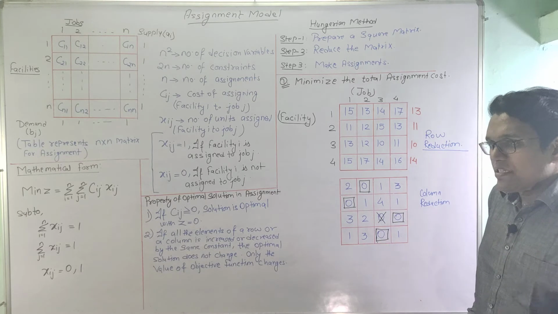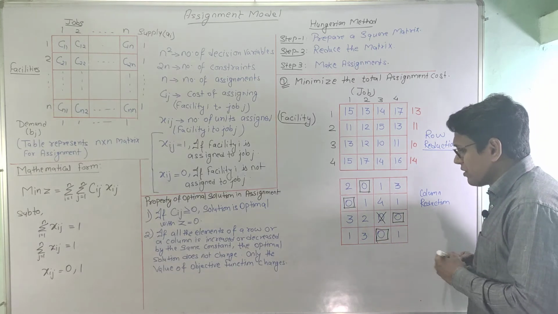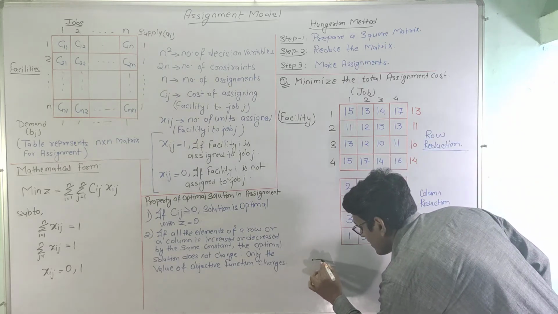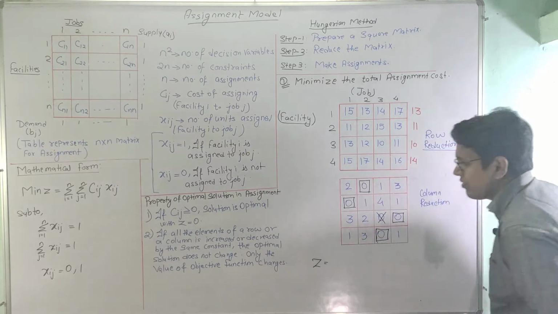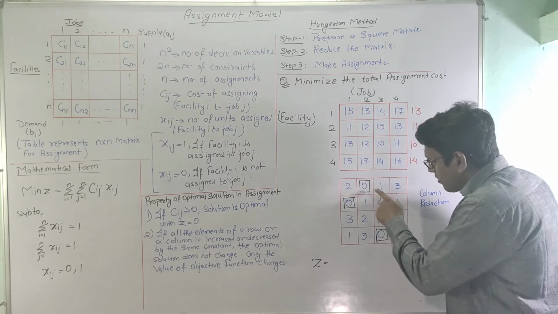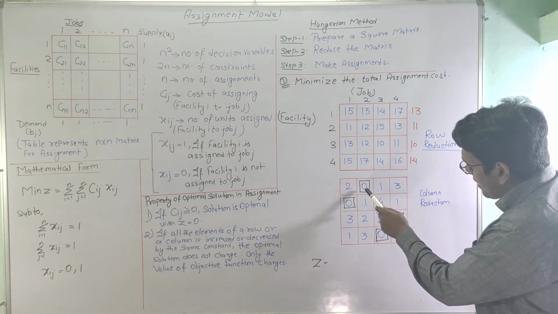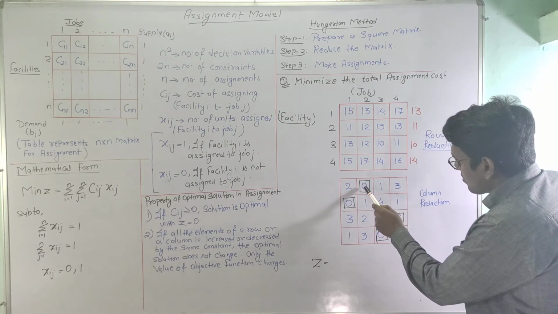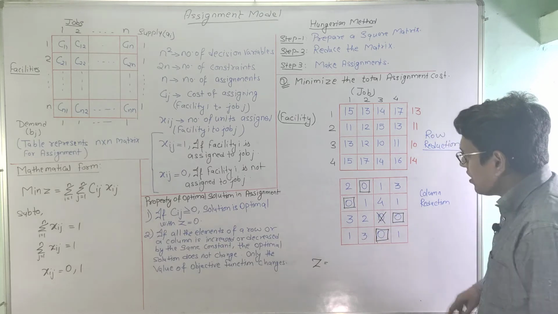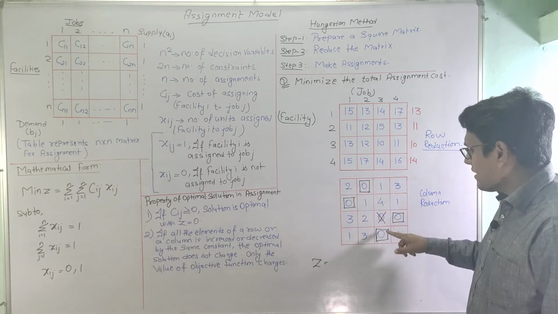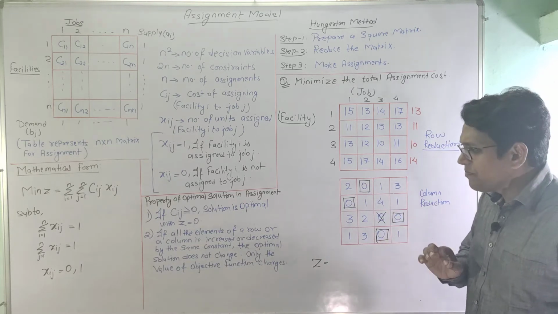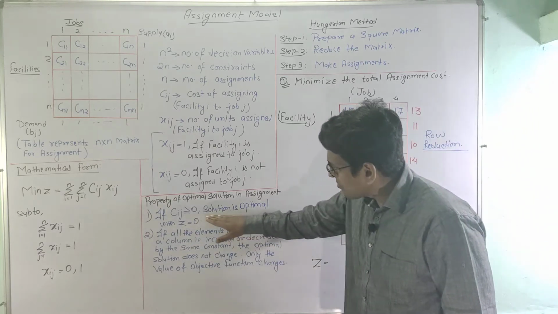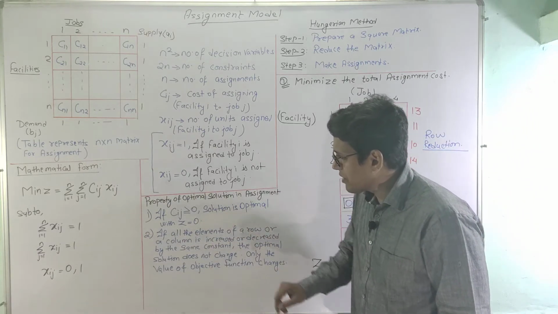And we need to calculate the value of z here. For this particular matrix, if I add all the values of 0 plus 0 plus 0 plus 0, we get the value of z equal to 0, which has come from this particular property.